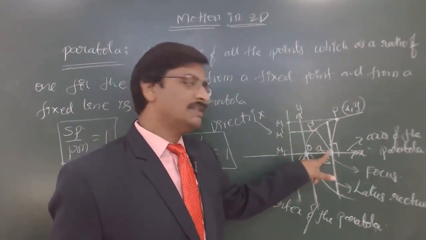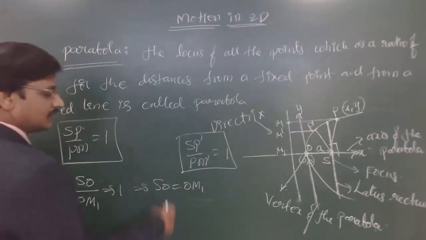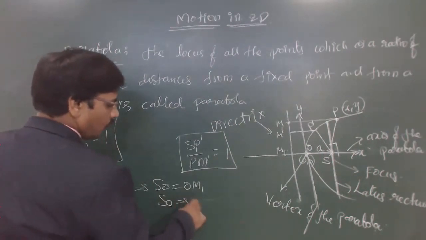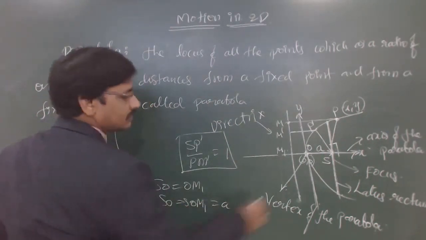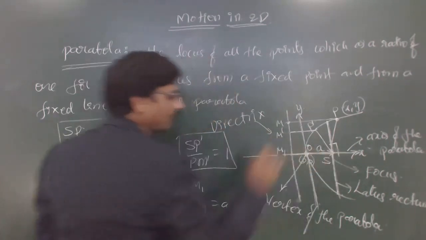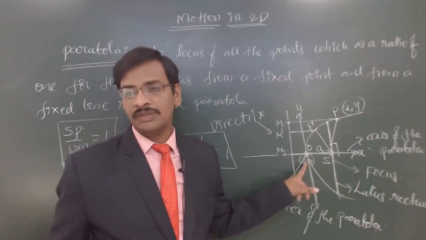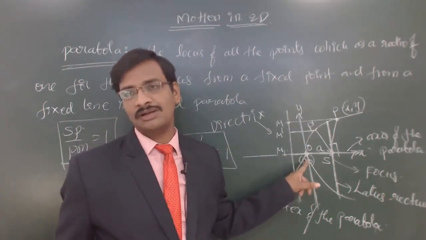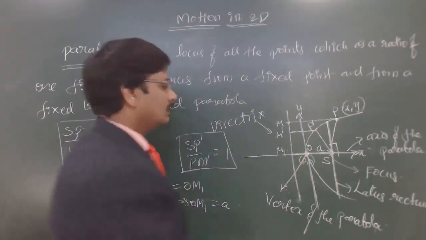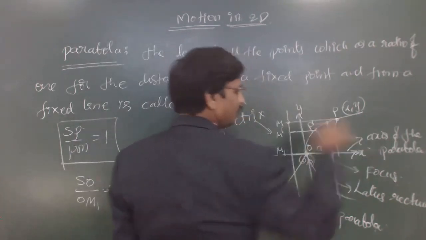See this, if this is A, then based on this relation, SO equals OM1 equals A, because this length and this length are one and the same as per the definition of the parabola, the parabola passing through the origin. So the vertex is located at the origin, which is the intersection of the parabola with the axis.